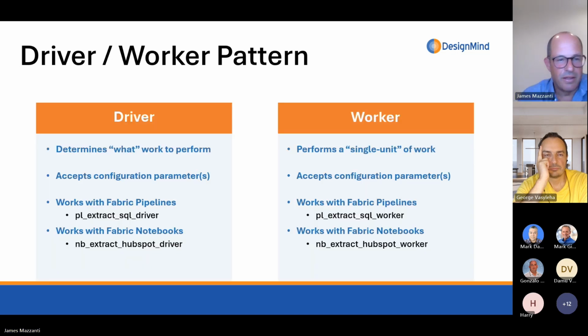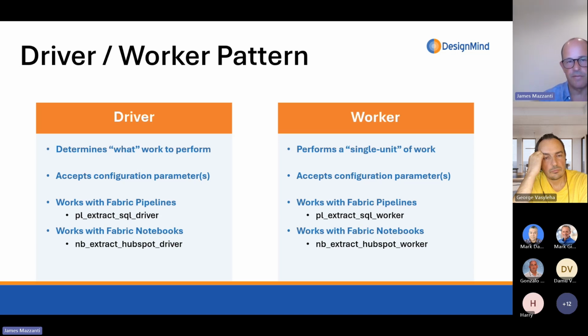But in this pattern, the driver is what works out what needs to be performed, and the worker is something that performs a single unit of work. You have many layers in the architecture: a raw layer, a stage layer, a model layer. The driver typically accepts a job config name, reads the job config tables and says, okay, you want to run the refresh customer order job?